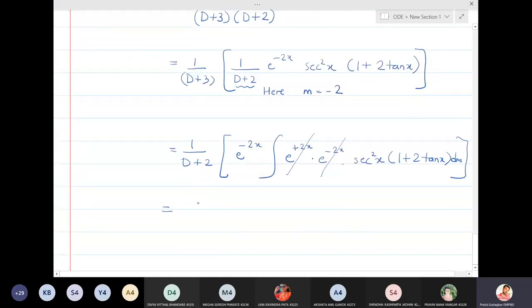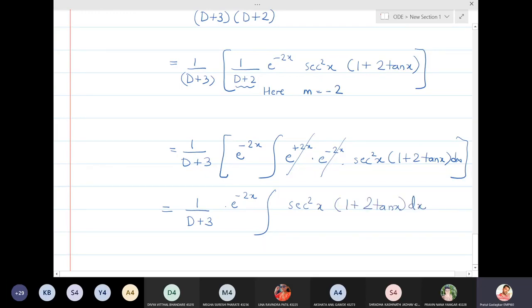So I'm left with 1 upon D plus 2. Outside the integration, you have e raised to minus, D plus 3, yeah. e raised to minus 2x, then integration of sec square x into 1 plus 2 tan x dx.